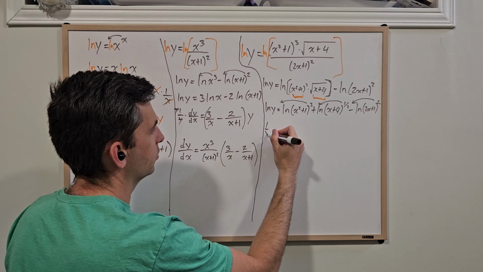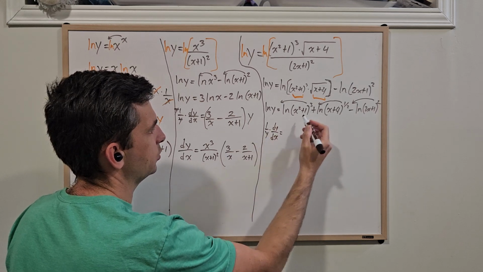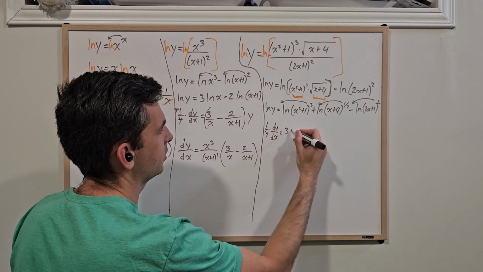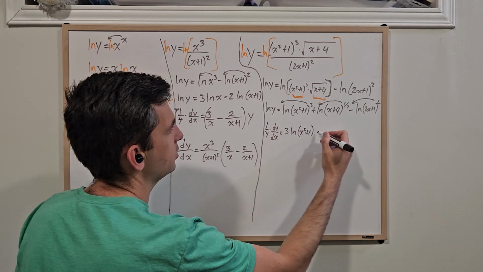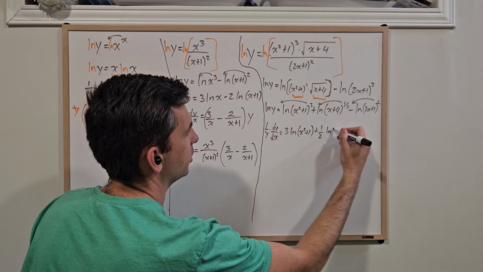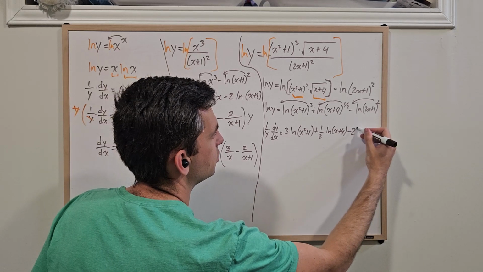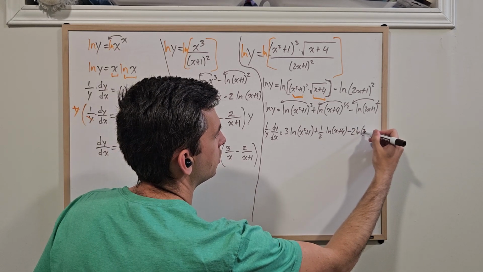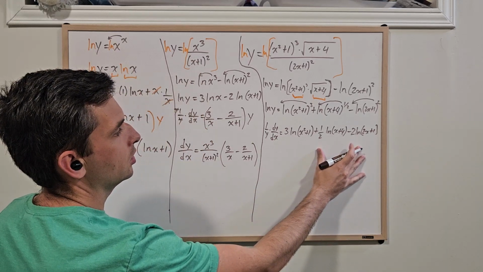So I have 1 over y dy over dx is equal to, here I have 3 natural log x squared plus 1 plus 1/2 natural log x plus 4 minus 2 natural log 2x plus 1. Okay?